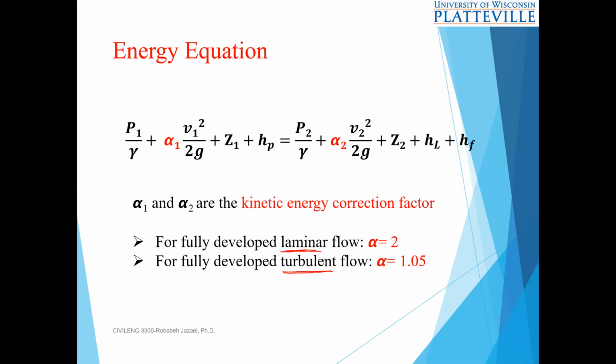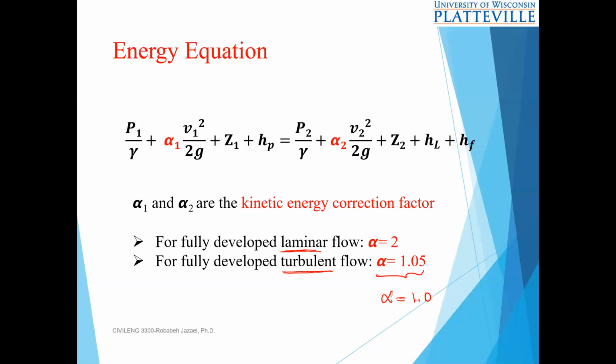So all the time when we write the energy equation, you see we don't use alpha 1 and alpha 2 because we can simply assume almost always the flow is turbulent and alpha is almost 1.